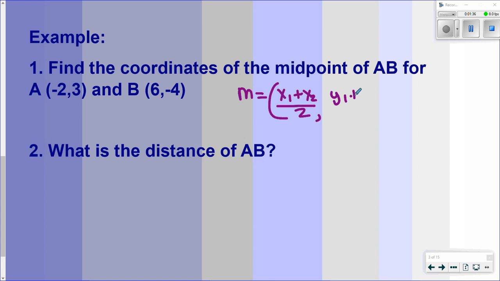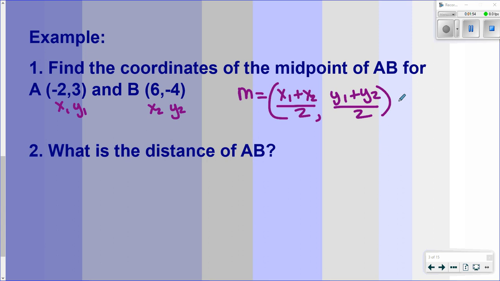And of course label, because if you label, then you know where to put the numbers according to the corresponding variables.